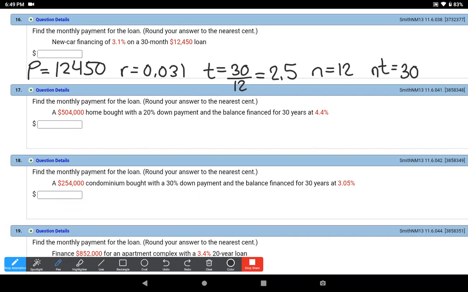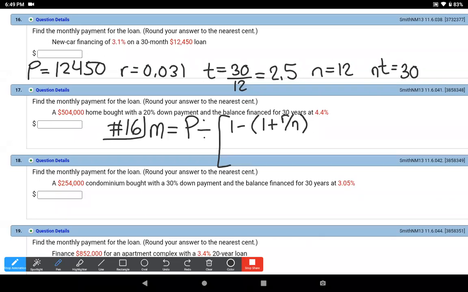We're doing number 16, so I'm just using this as space. In 16, we're using the equation where M equals P divided by 1 minus the quantity 1 plus R over N raised to the negative NT, divided by R over N. And for us, that's the value of 12,450, right?